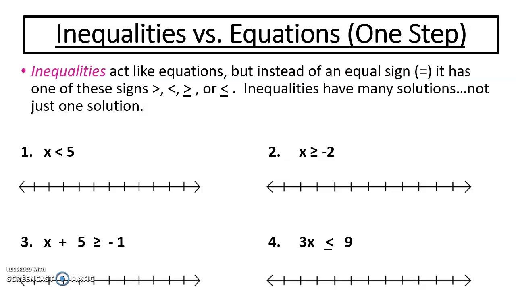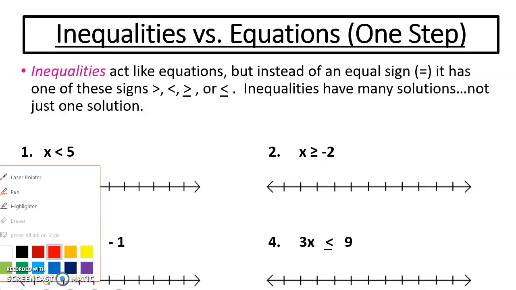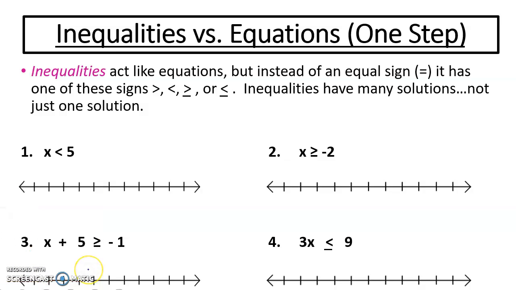Let's start by looking at a basic example. We're going to take a look at number 1. Number 1 is already solved for us. X is less than 5. So if I make this my number line, and then 1, 2, 3, 4, 5, and I'll go back and put my negative signs.